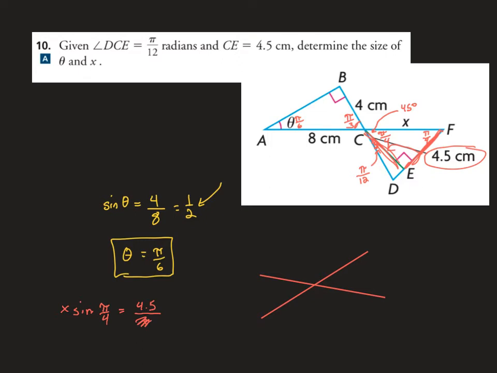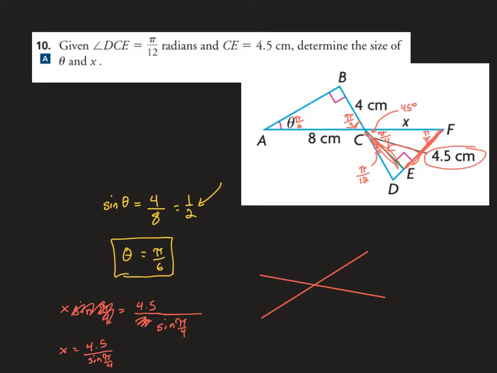Okay, then we can get this x over here, cross it out from there. We can take the sine of pi by 4 and bring it down here. Divide both sides by sine of pi by 4. And so x is simply equal to 4.5 over sine of pi by 4, which should just be 4.5 times root 2. And since we already know that sine of pi by 4 is 1 over root 2, that makes sense.